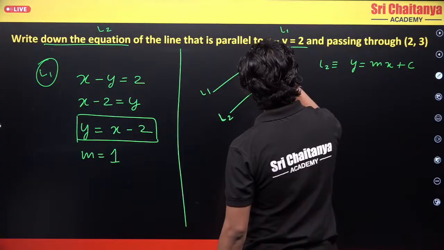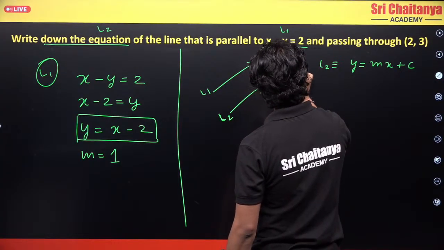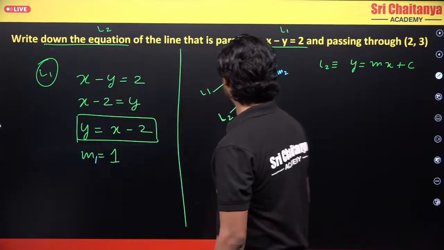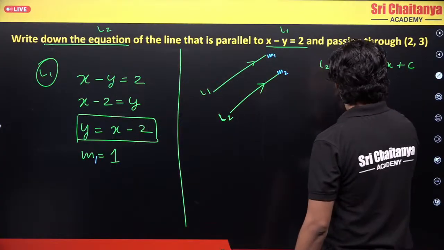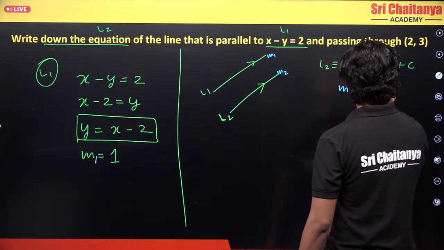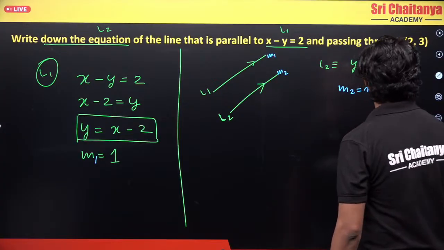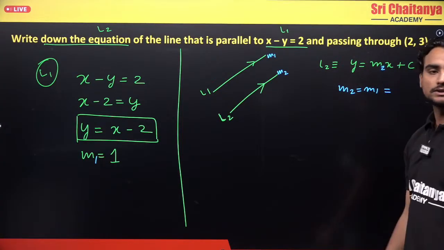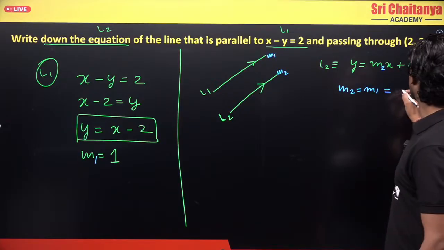The slope m1 and the slope m2, right? So m1 is equal to 1. So what is m2? m2 should be equal to m1 because they both are parallel. That means the slope m2 should also be equal to 1.